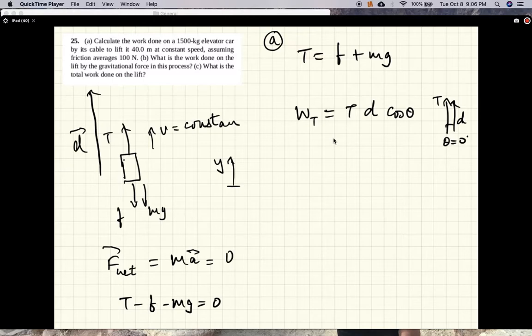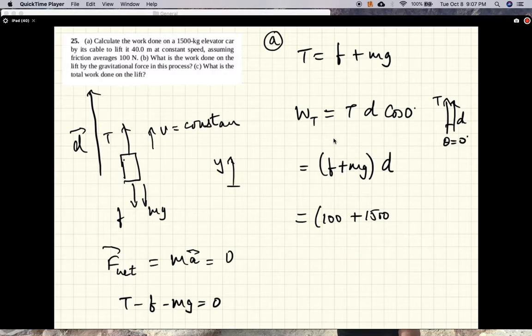Theta is 0 degrees, so this is cosine 0 degrees. The tension is F plus mg, times d times cosine 0, which is 1. So this is the work done by the tension force.